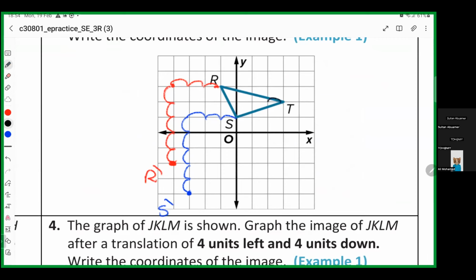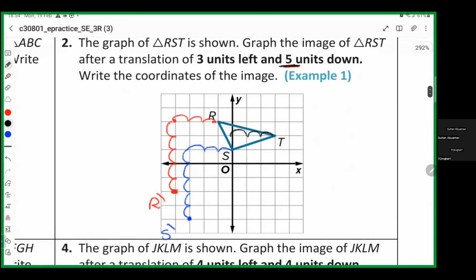Count it, Sultan: 1, 2, 3. And how many steps down? 1, 2, 3, 4, 5. Very good. And this is my final triangle. I will just match the points. Clear?